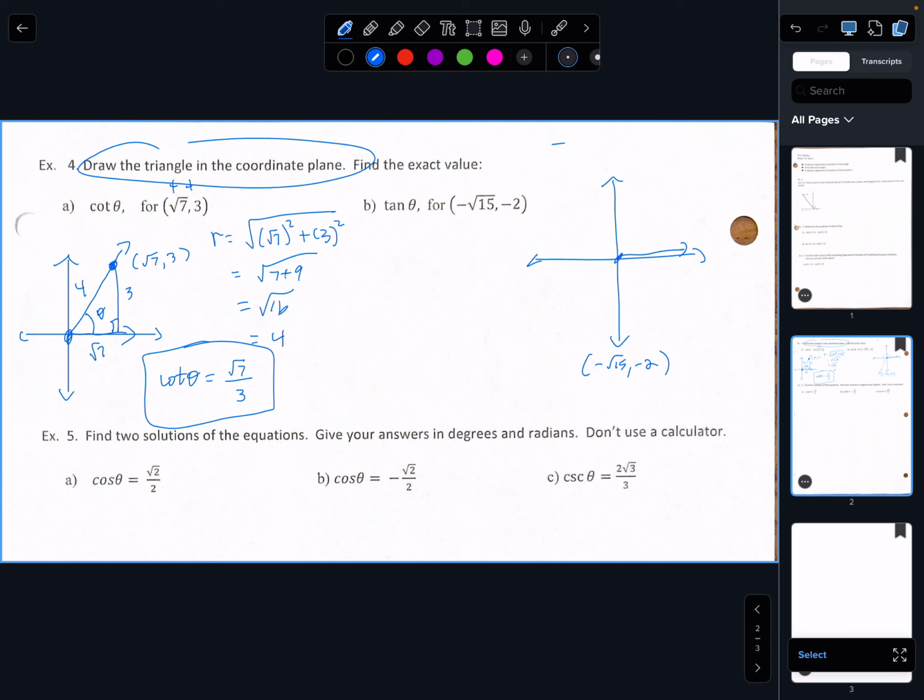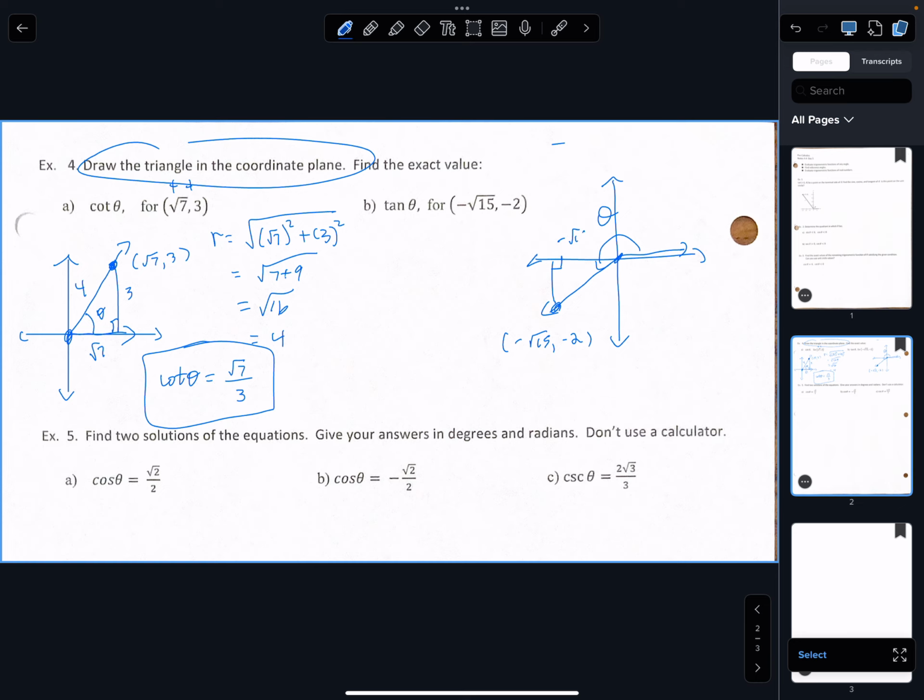So rotate it around more like this. It says draw the triangle, so we need the triangle. So this is negative square root of 15.